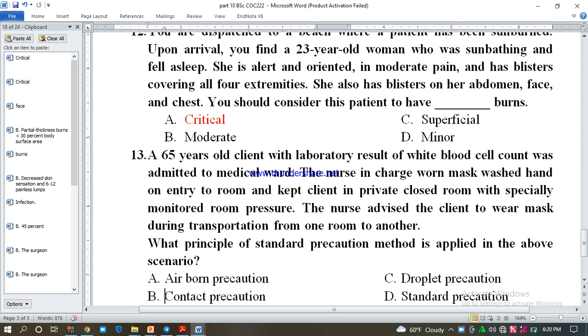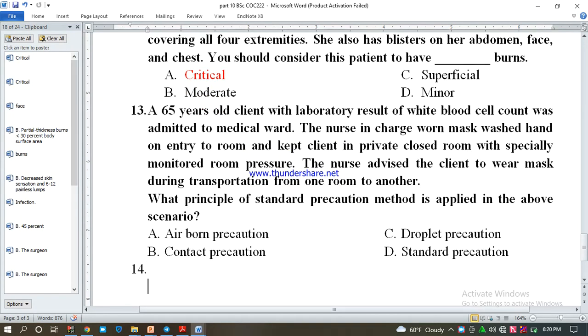So what principles of standard precaution measures are applied in the above scenario? Airborne precaution, contact precaution, droplet precaution or standard precaution? Standard precautions are sets of infection control practices used to prevent transmission of disease that can be acquired by contact with blood, body fluids, non intact skin including rash, and mucous membrane.